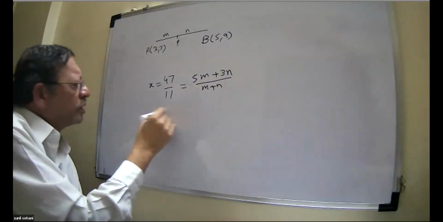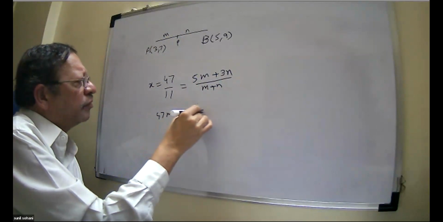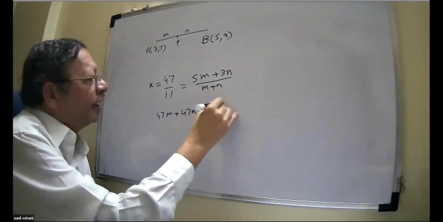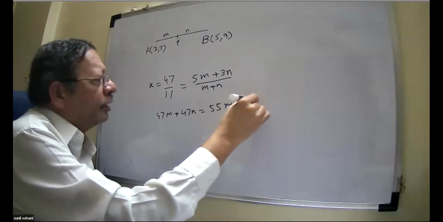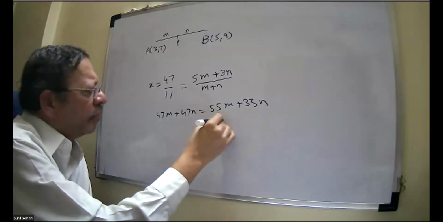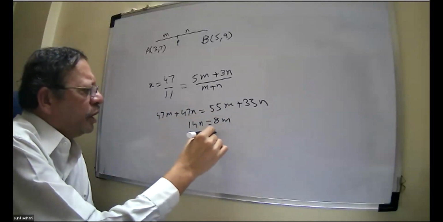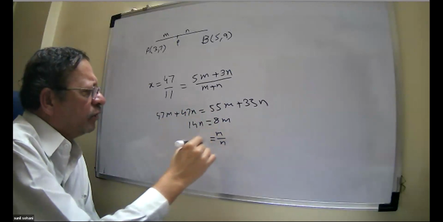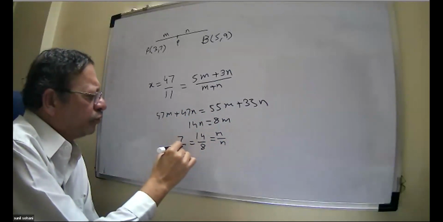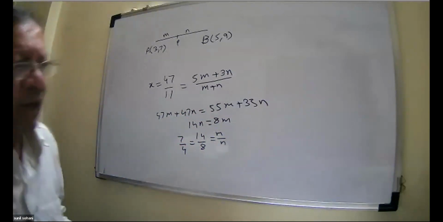So we solve this: 47m plus 47n equals 55m plus 33n. So it will be 8m equal to 14n. So m upon n equals 14 upon 8, which is nothing but 7 upon 4. So that is the first thing.